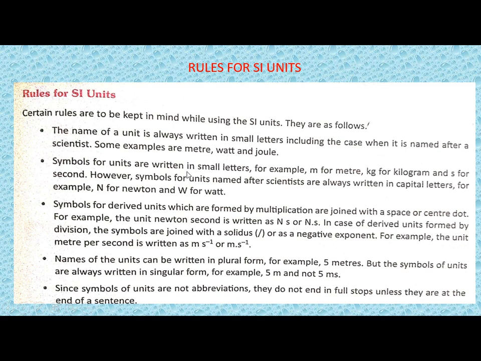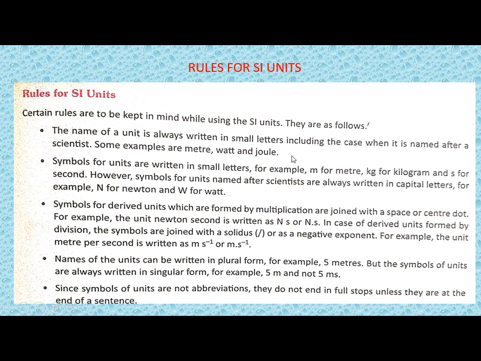Symbols for units are written in small letters. For example, m for meter, kg for kilogram, and s for second. You can see that all these symbols are written in small letters. However, symbols for units named after scientists are always written in capital letters.